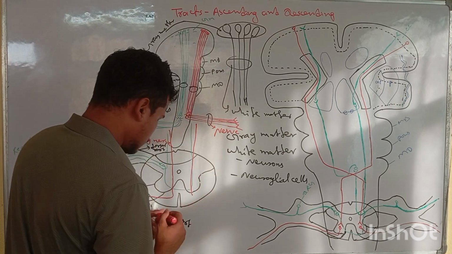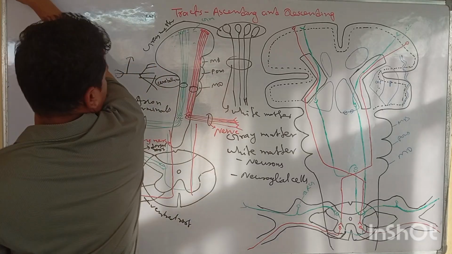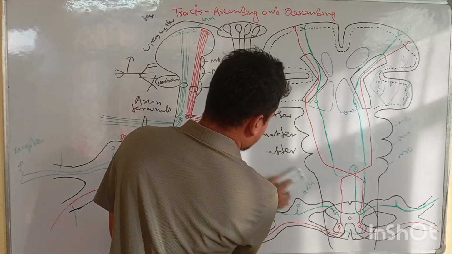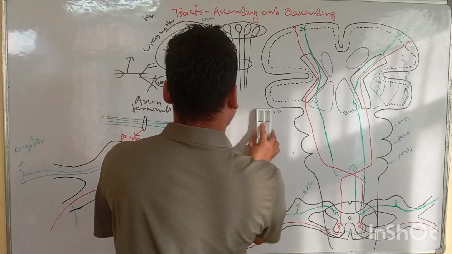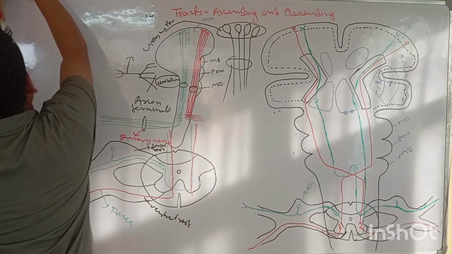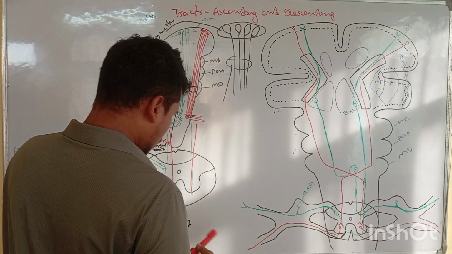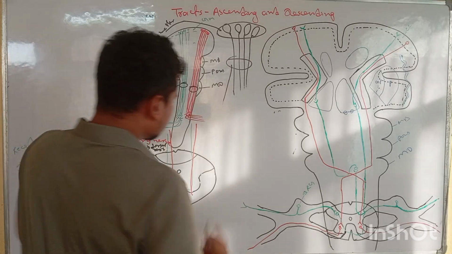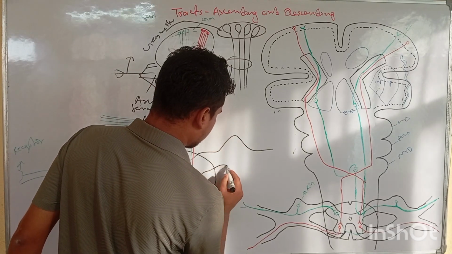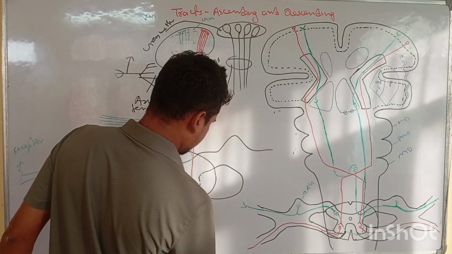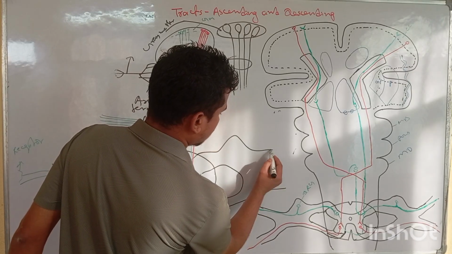Okay, let's rub this. Now this will be the dorsal root ganglia, the trunk.